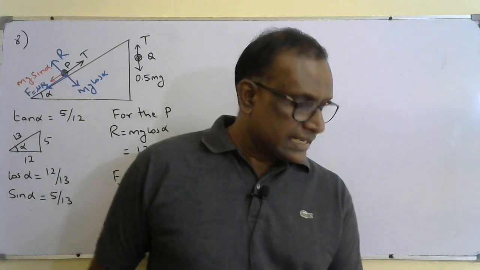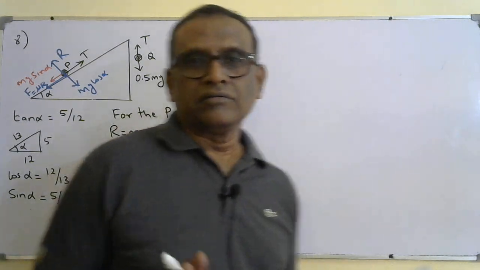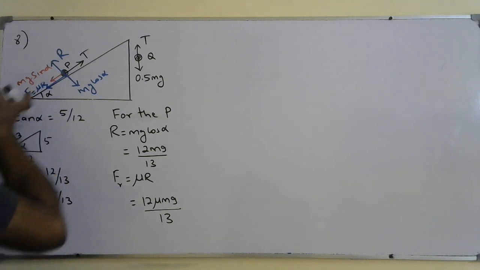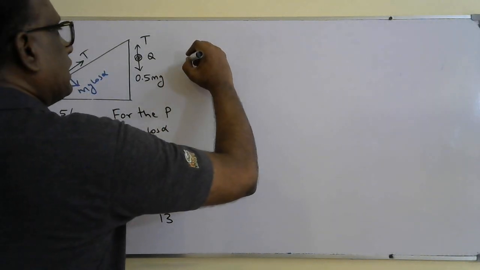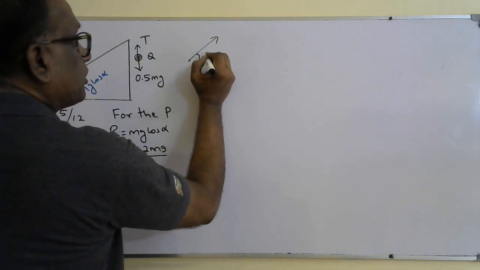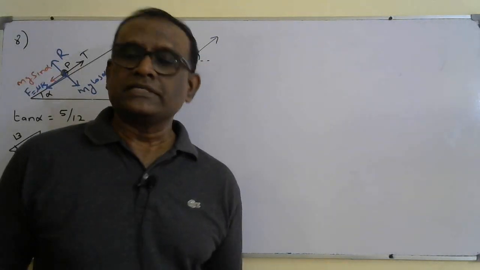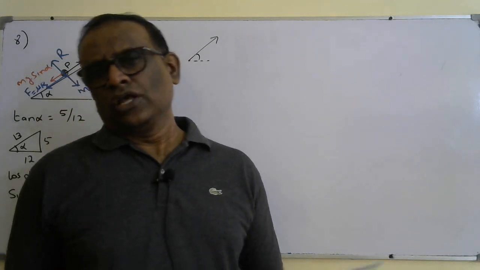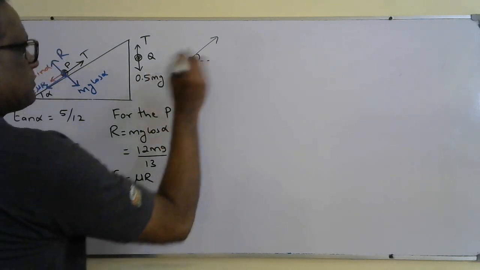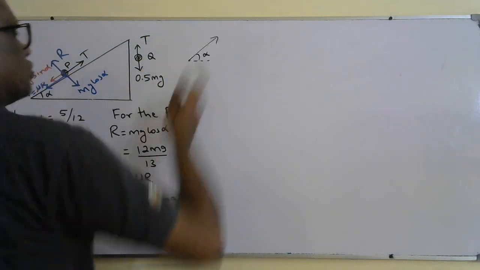They are saying it's at rest, but limiting friction is acting. Along the slope, the resultant force must be equal to 0. The moment about any point must also be 0, but we don't need to take moments because we don't have any dimensions of the two spheres. Since it's at rest, the resultant force along the slope must be 0.